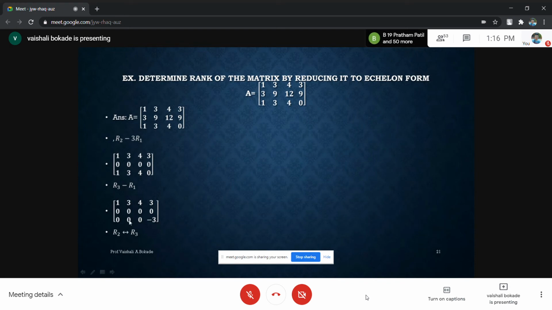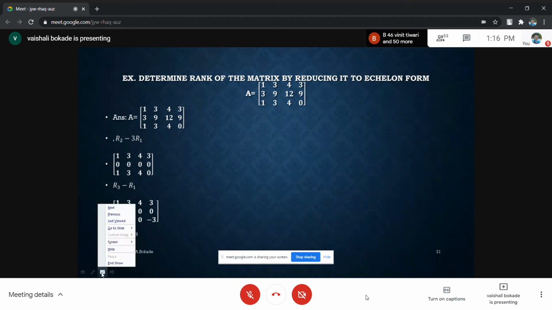My main purpose was that in the first column, the 1 1 place is 1 and the other two elements in this column are 0. What I require, I made. But as this R2 row is a 0 row, by interchanging R2 and R3, I am transferring this 0 row to the bottom.